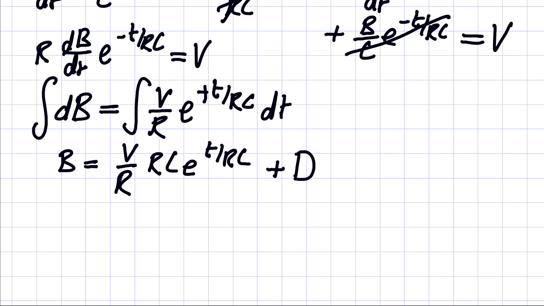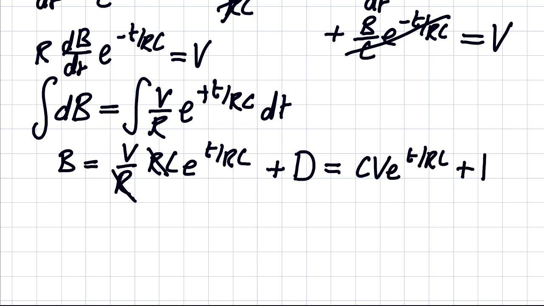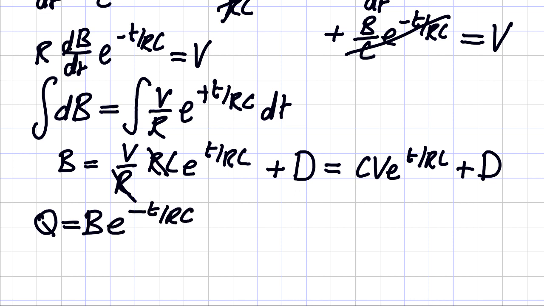Some cancellations, and cancel the R's. So this is CV e to the t over RC plus D. And I'm going to substitute my expression for B into my expression for Q. So Q was equal to B times e to the minus t over RC. So now I know what B is.